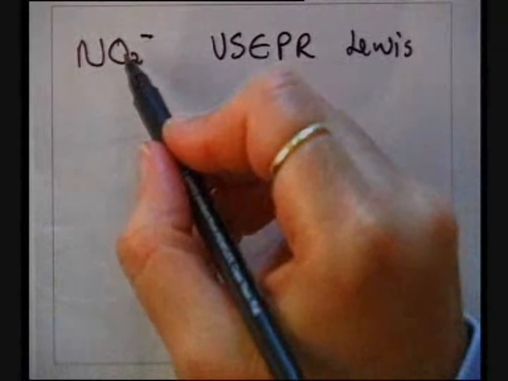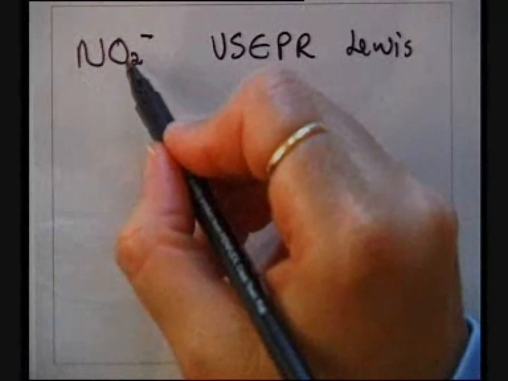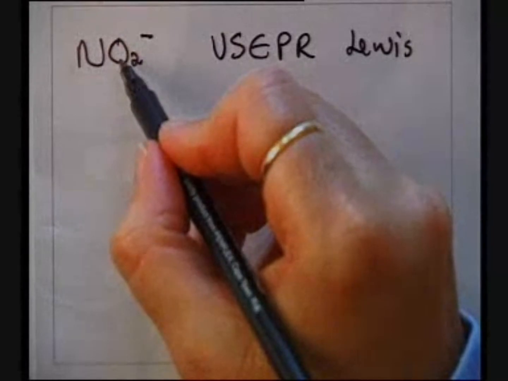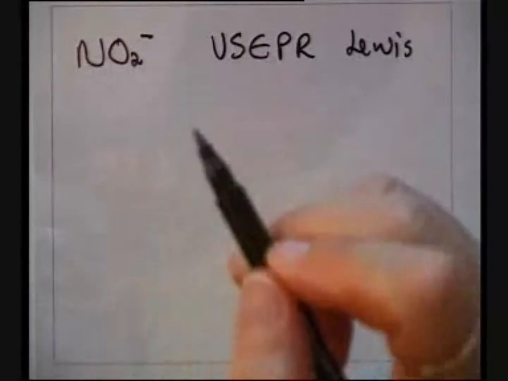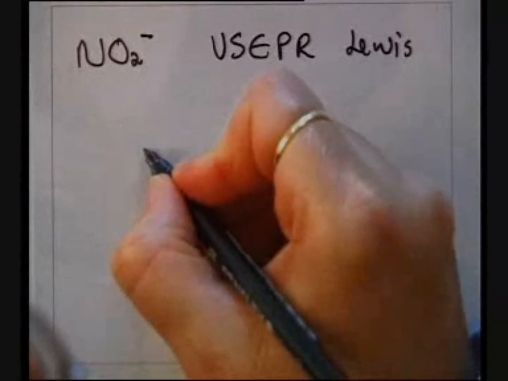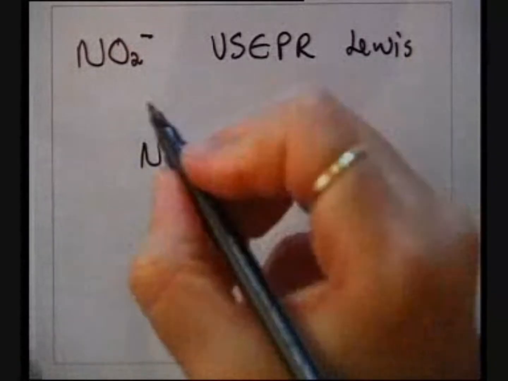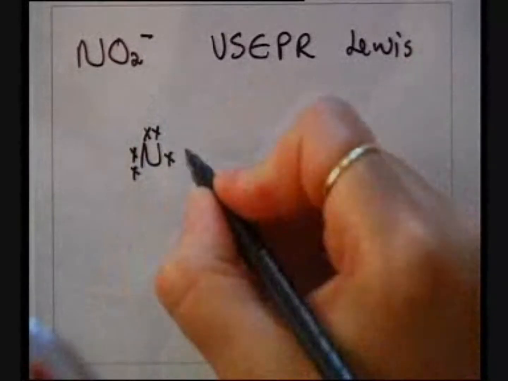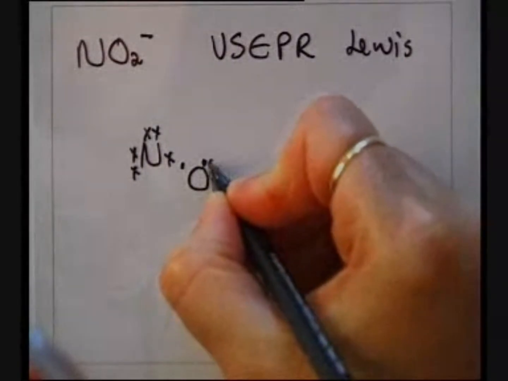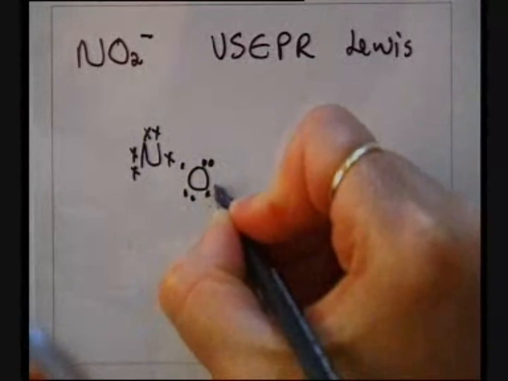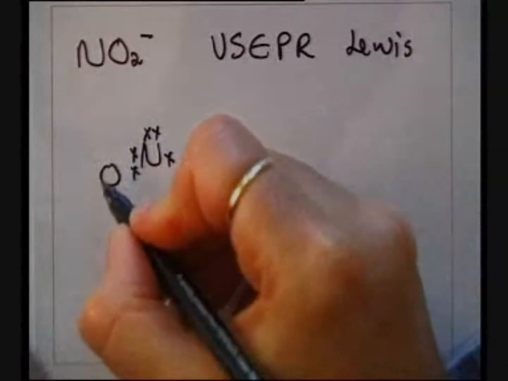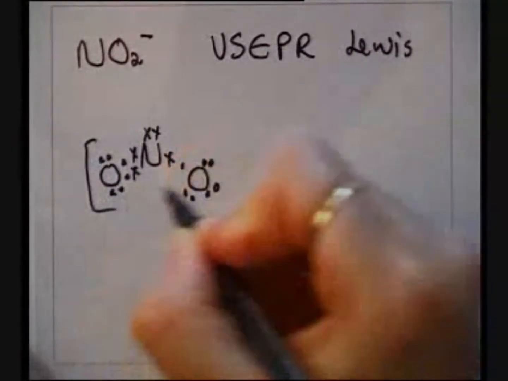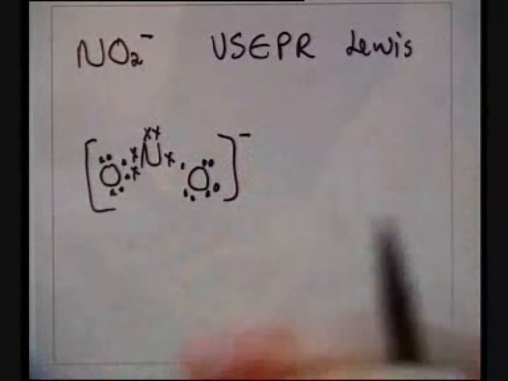The extra electron of the nitrite ion is accommodated on one of the oxygen atoms, the oxygen being more electronegative than the nitrogen atom. So we have nitrogen, 5 valence electrons, 1 oxygen with 7 valence electrons, 1 oxygen with 6 valence electrons, brackets, and the charge on the molecule.